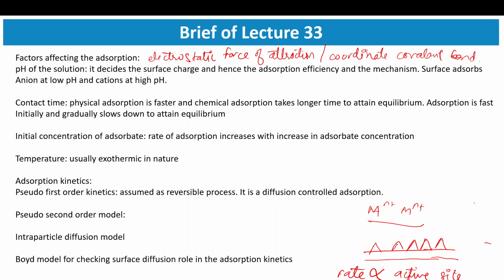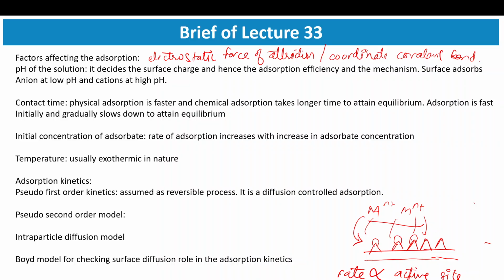Initially, more and more active sites are vacant, and there will be a drastic and faster adsorption taking place. As time proceeds, let's say this active site is occupied. The molecule does not know whether a site is occupied or not, and it will try to interact with all the active sites.